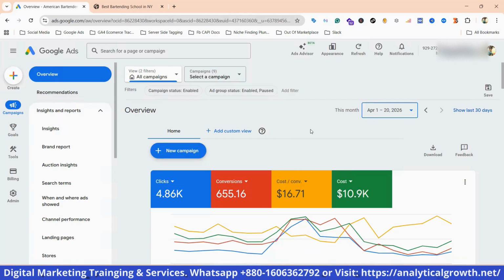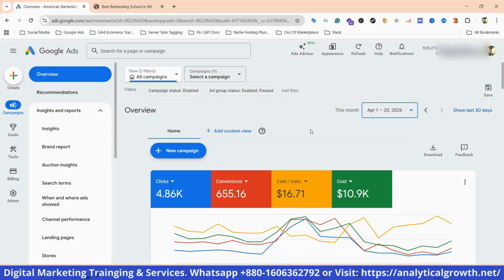This client reached out to me on December 8, 2025. His main goal was to lower the cost per lead from $27.66, I should say more than $27, to $20. That means he wants to lower the target CPA from $27 to $20.